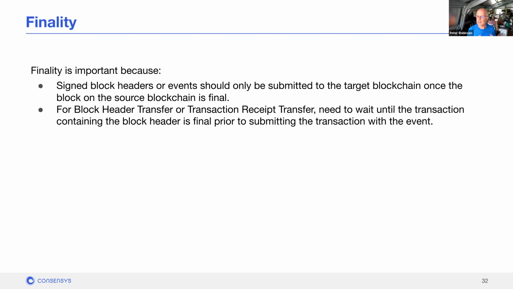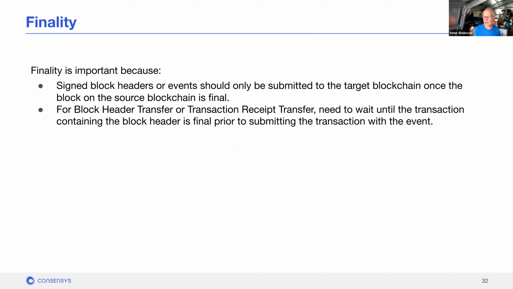So finality is important because when you're sending a signed event or a block header from a source chain to a target chain, you need to be certain that the event is final and that it's not going to be reorganized. So you need to wait for the source chain to be final.